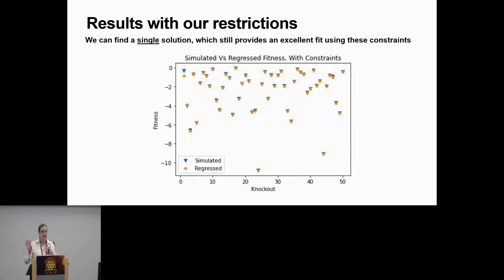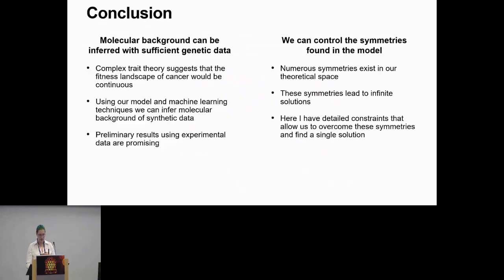And on a slightly expanded data set where we have more mutations applied to the cell lines, we can find a single good solution which still provides an excellent fit with these constraints. So in conclusion, molecular background can be inferred with sufficient genetic data.